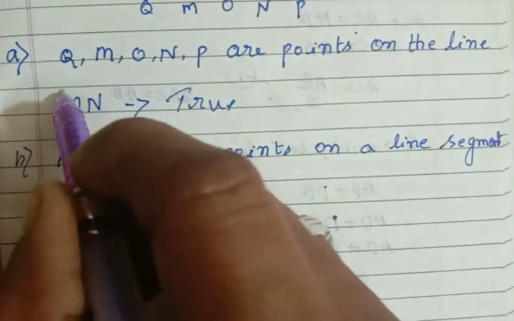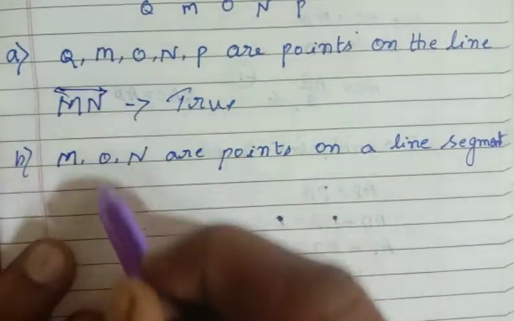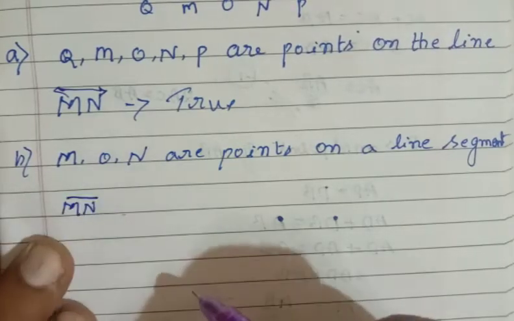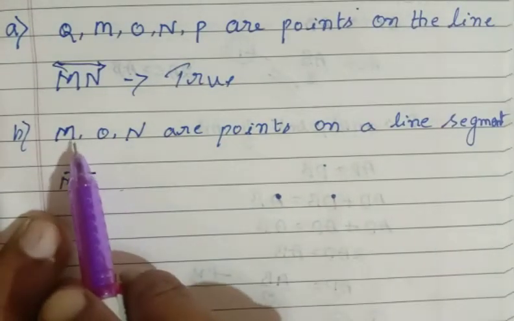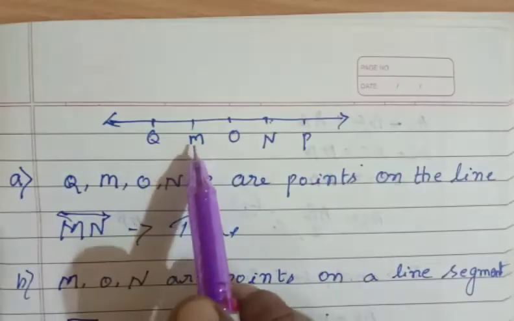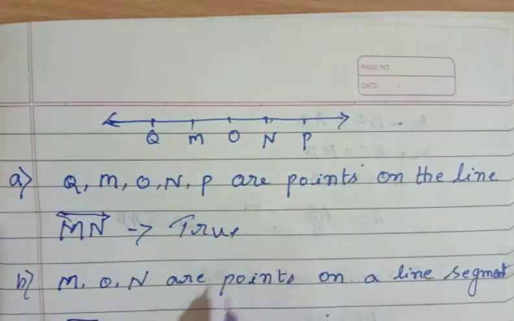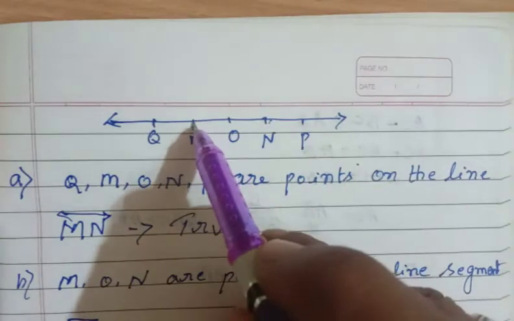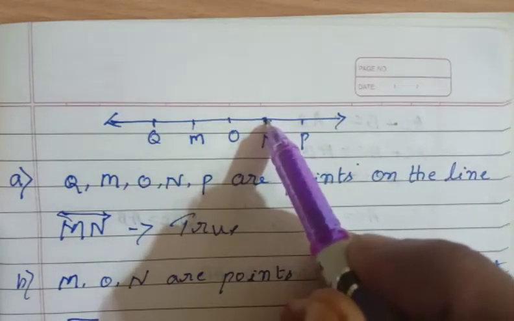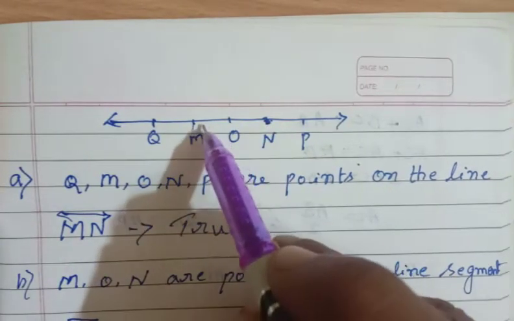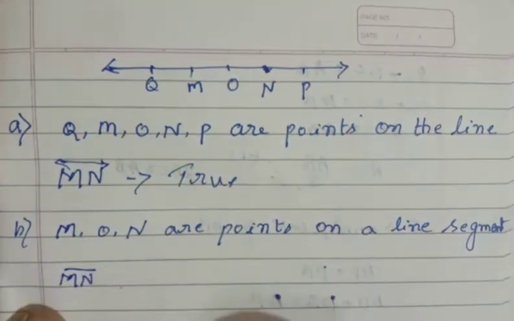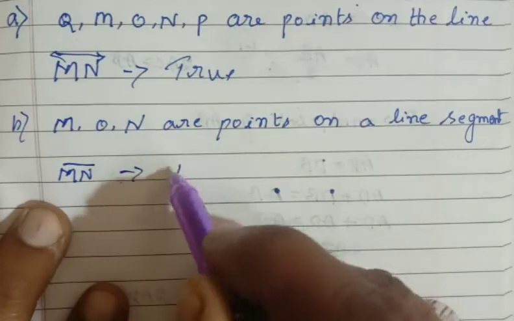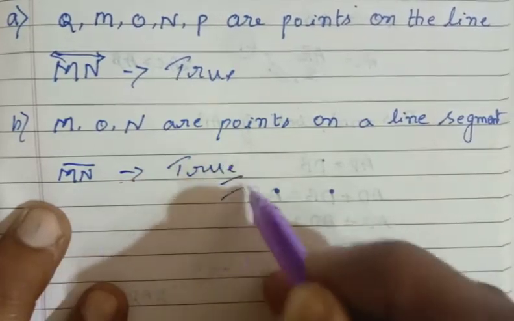M, O, N are points on a line segment because MN is a line segment. So three points are on the line segment MN. In this way the statement is true.